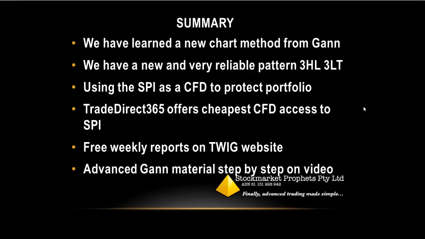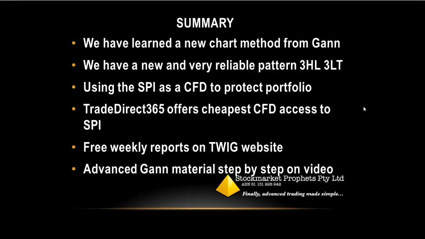So at the end of this video, what we have seen is a new chart method from Gann, the Gann swing chart. Very simple, very easy, but extremely powerful in the markets. And we've seen a new pattern, the 3 higher low or the 3 lower top swing pattern, which will give you a very important early warning about the next direction or campaign in a market, which allows you to insure your portfolio or perhaps make some money out of that particular move.